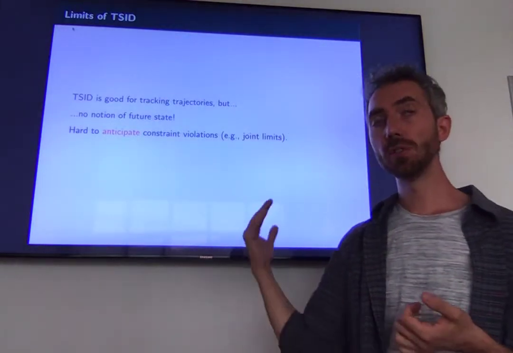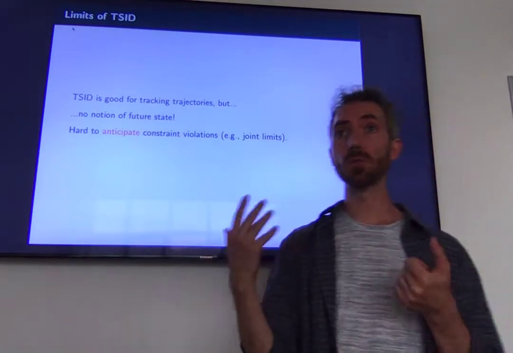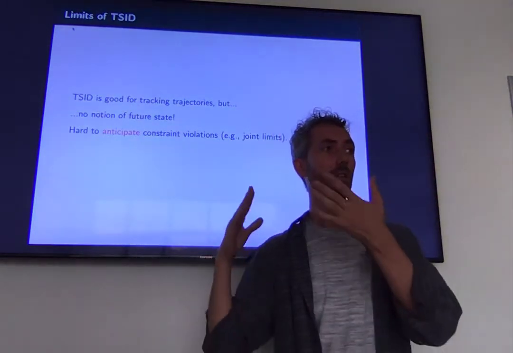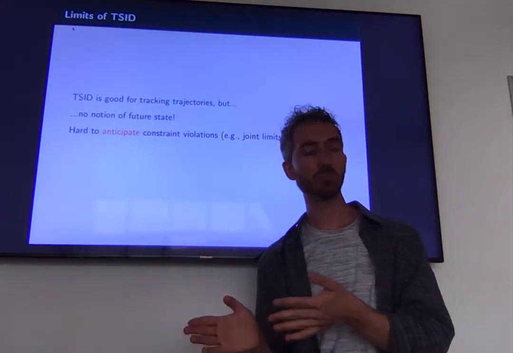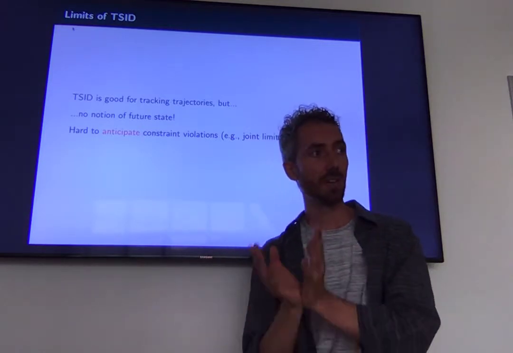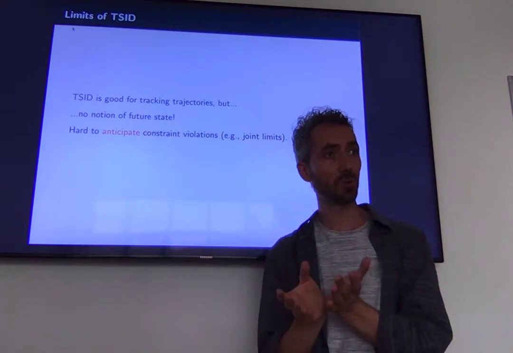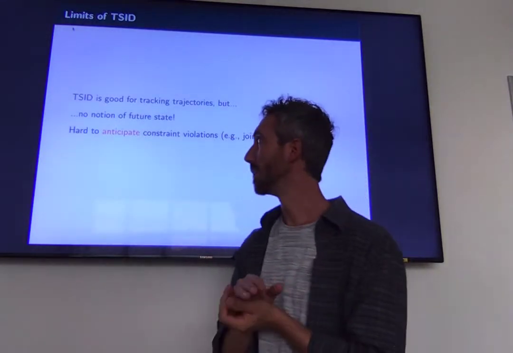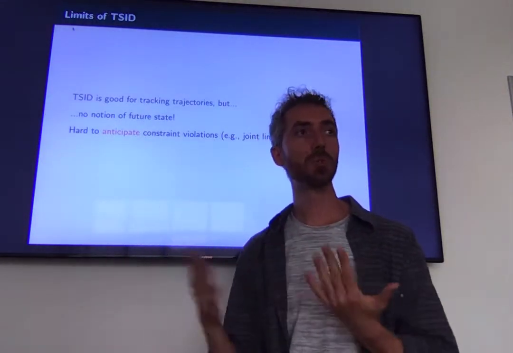So we saw that in reactive control, we can account for some constraints. We had the friction constraints, no problem with that, because those are related to contact forces, and contact forces are your control inputs. Basically, they are affine to your control inputs.